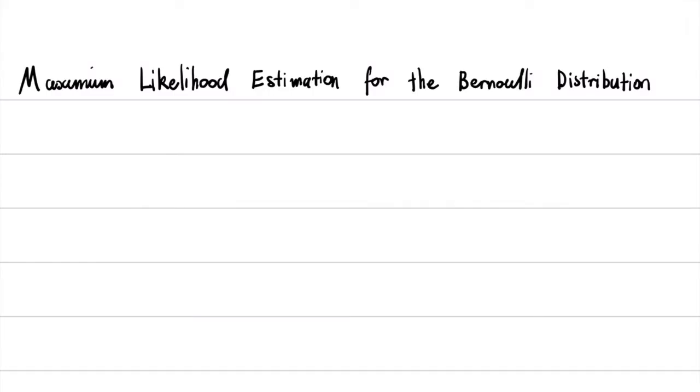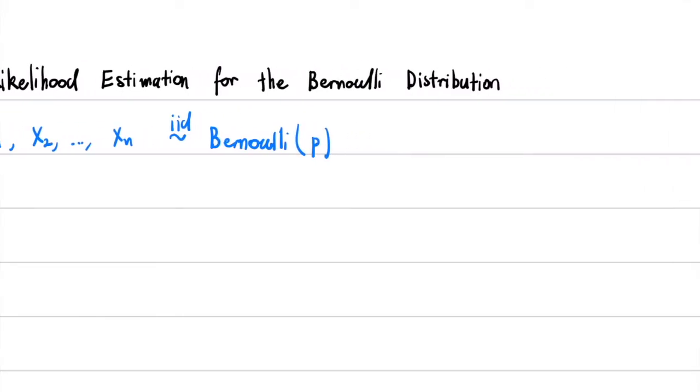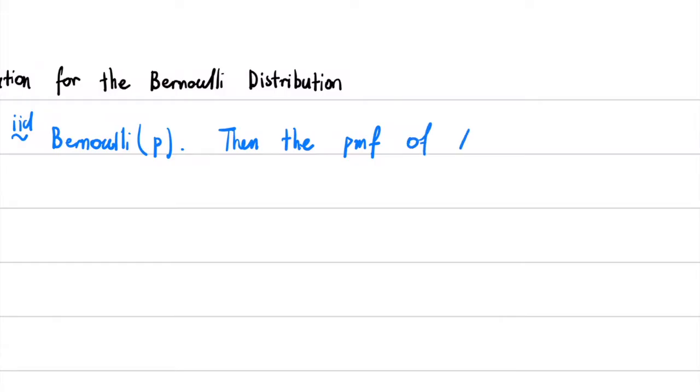So here we're going to begin with a series of independent and identically distributed random variables, x1, x2, all the way up to xn, and we write distributed IID, and we're going to say these have a Bernoulli distribution with parameter p.